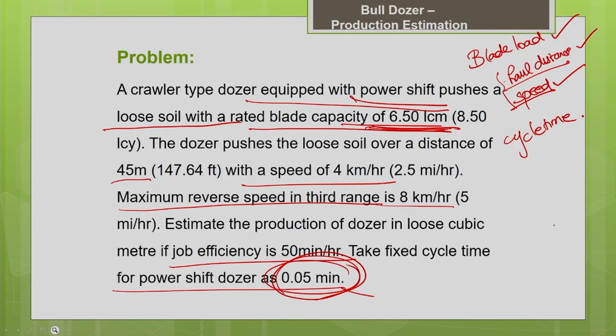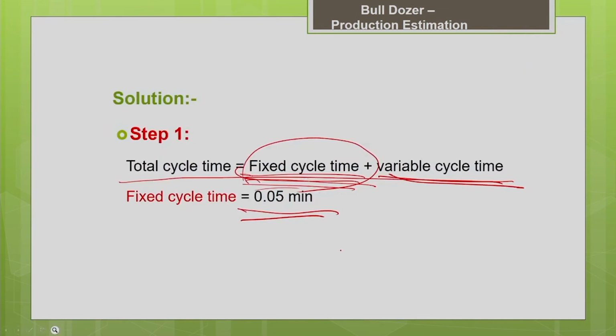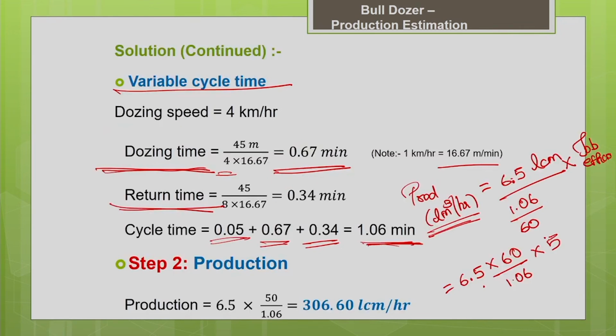It is given in the question that the job efficiency is 50 minutes per hour. So it is 50 by 60. So you can get the answer as 306.60 loose meter cube per hour. So this is your final productivity. This is one way of estimation. Depending upon the input data, accordingly you can choose the approach.